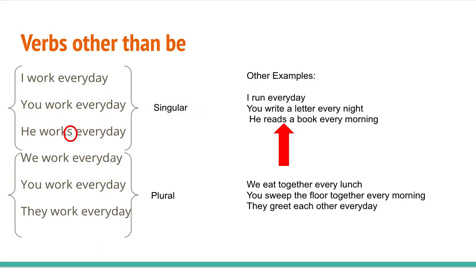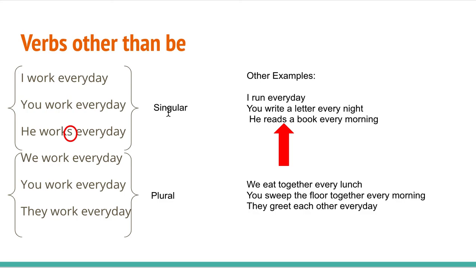And then we continue with verbs other than be. I work every day. Work is the verb, right? The verb to be is are, is, am, right? But other verbs are like, for example, work, run, write, read. Okay. I work every day. Repeat with me. I work every day.